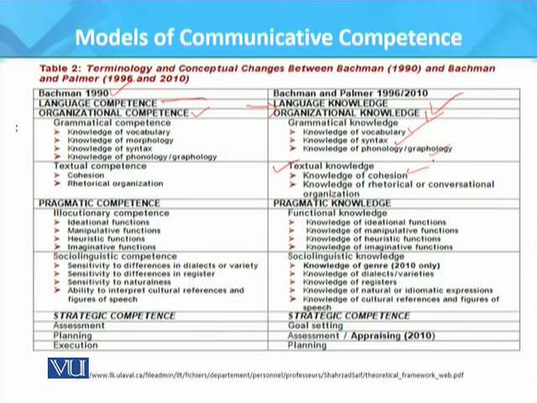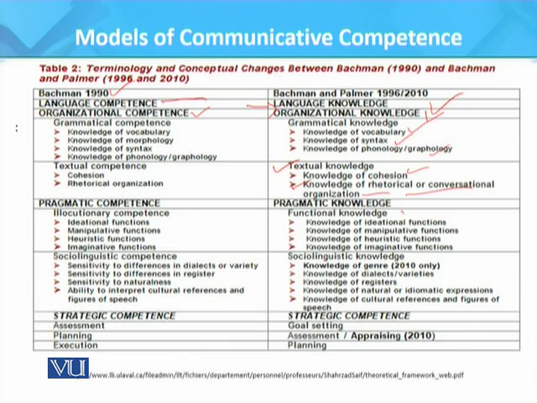So cohesion brings about the logical understanding of sentences and their logical relationship within a written text as well as spoken utterances. Knowledge of rhetorical organization, according to Bachman and Palmer, is the conventions for sequencing units of information. In conversation, it refers to the way interlocutors manage the conversation, for example, by taking turns. So conversational organization has to do with how participants take their turn.